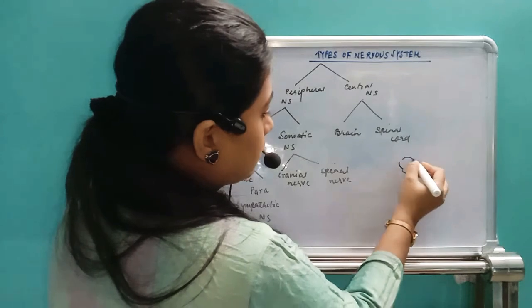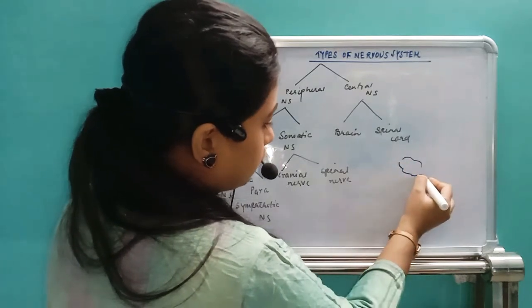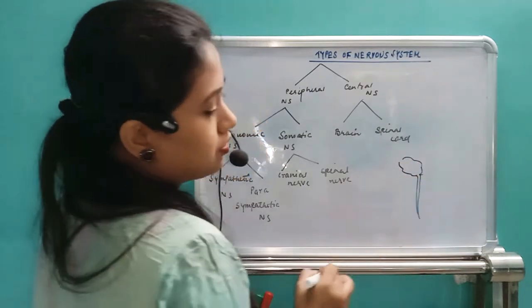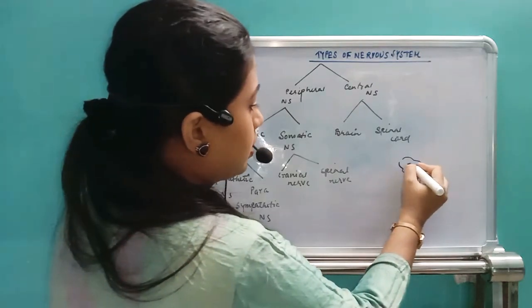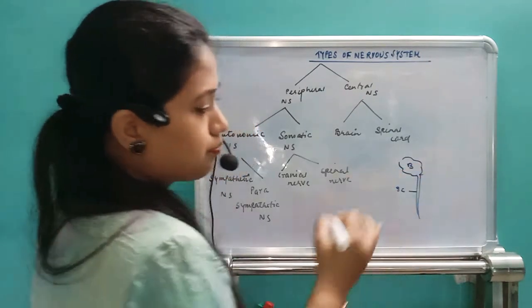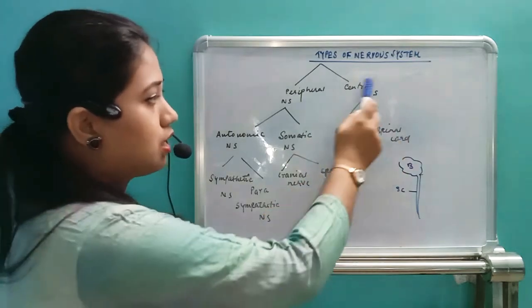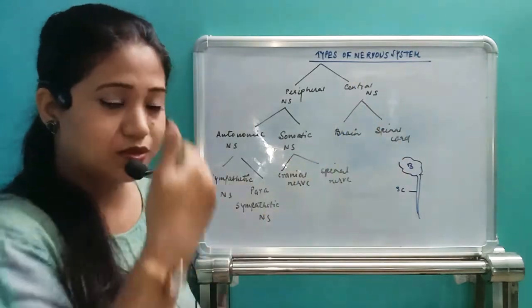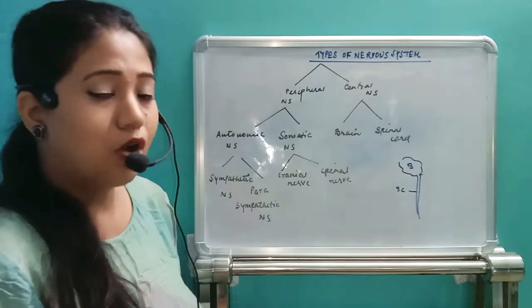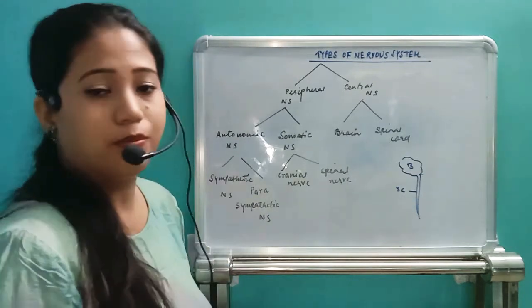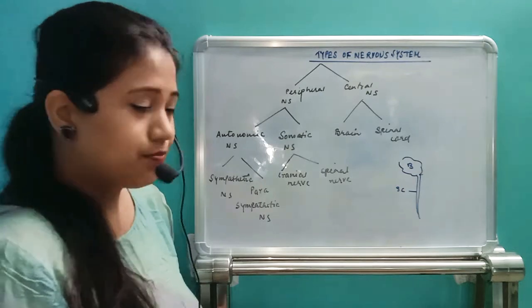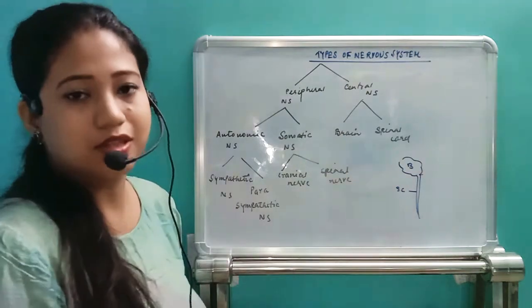In the human nervous system we have the brain and this is the spinal cord. The brain and the spinal cord constitute the central nervous system, which is present centrally. The elongation of the brain forms the spinal cord, so that makes the central nervous system.